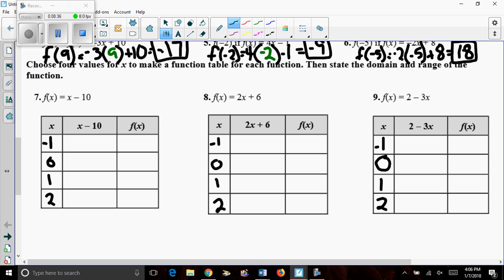Take a look at number 7. Our x column's filled in, and now we're going to look at the rule. In the very first row, if our rule is x minus 10 and x is -1, I need to look at what -1 minus 10 is.